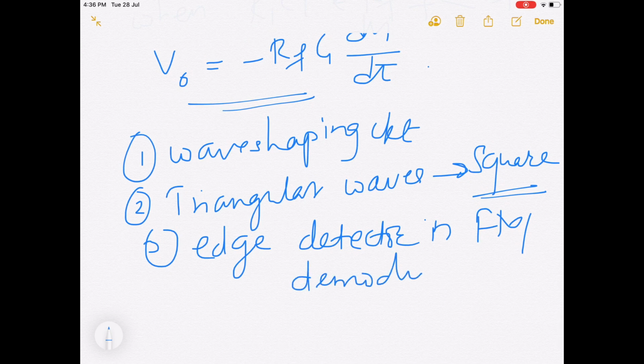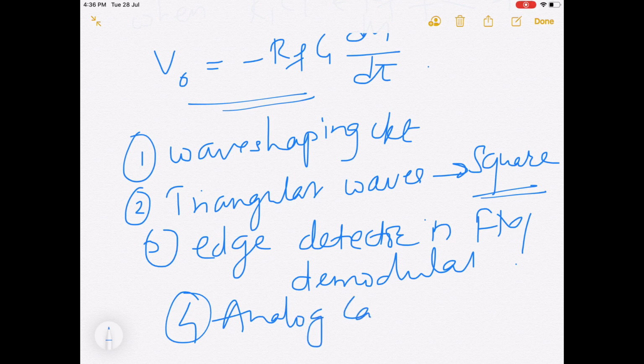So, these are the main applications of differentiator. Integrators and differentiators may be used in combination with adders and amplifiers to form analog computers.